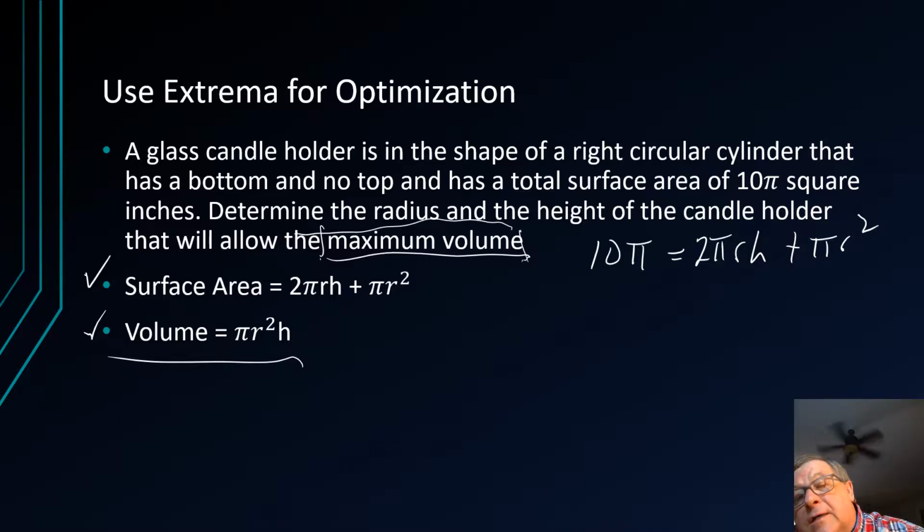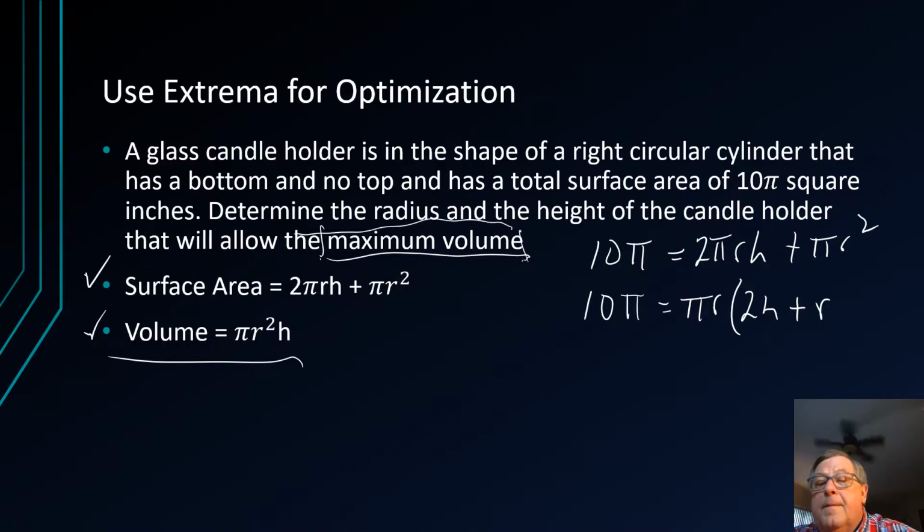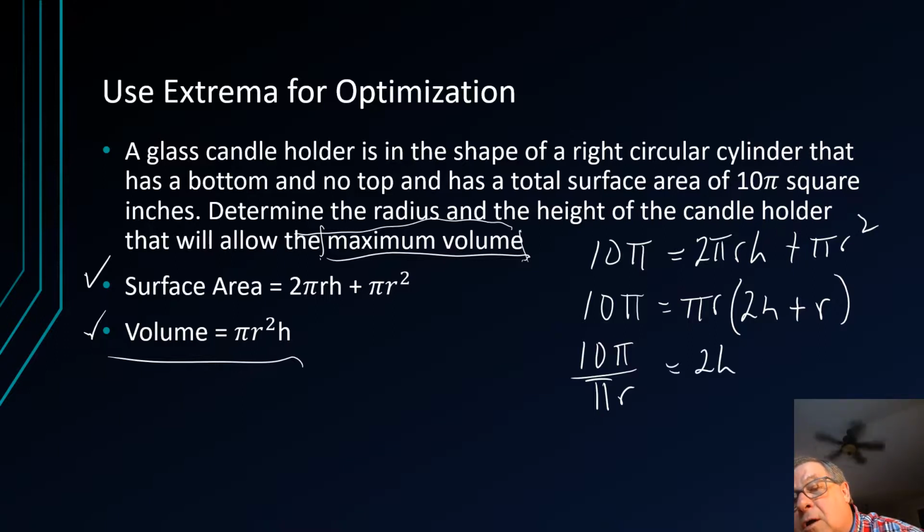And when I do, I've got 10 pi equals pi r times (2h plus r). Factoring out pi r, now I can divide both sides of this equation by pi r. And so now we've got 10 pi over pi r equals 2h plus r.